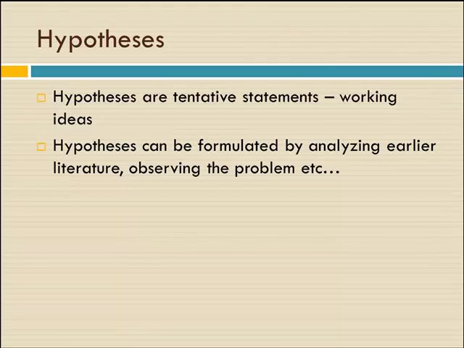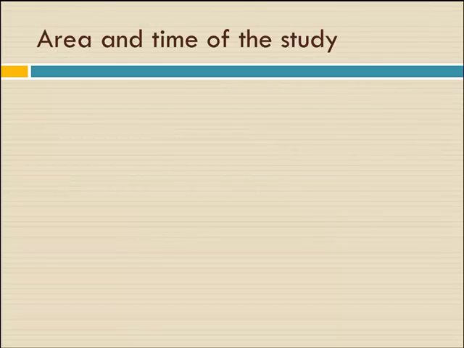In formulating a hypothesis, the research scholar can go through the literature available in earlier works, and also observe the society and the social problem. From this he can formulate what is known as the hypothesis. When the hypothesis is formulated, he can put his hypotheses as 1, 2, 3.